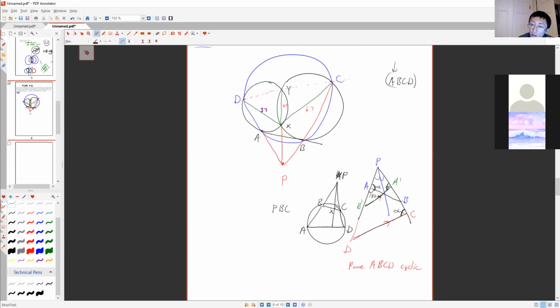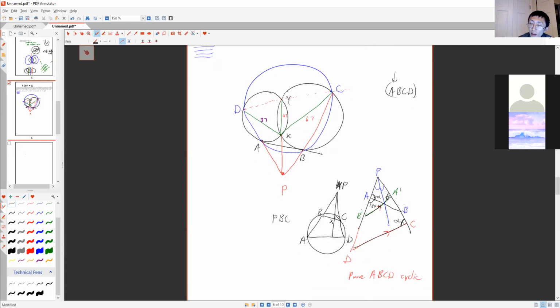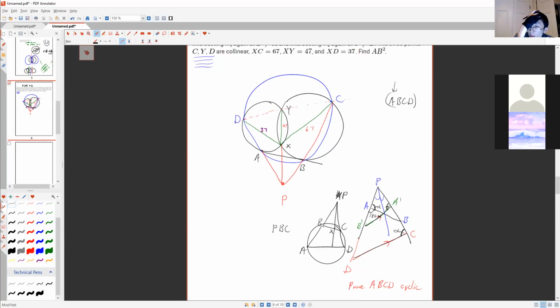Maybe we should prove that fact, but just for the sake of continuity, let's continue. So that means if what I suspect is true, if Y equals the midpoint of CD, then, oh, I didn't finish explaining the isogonal line thing.